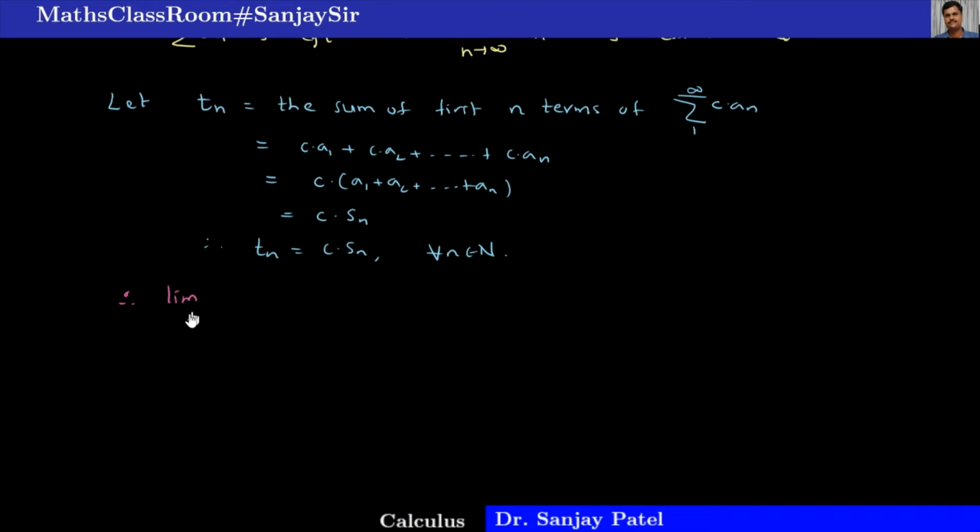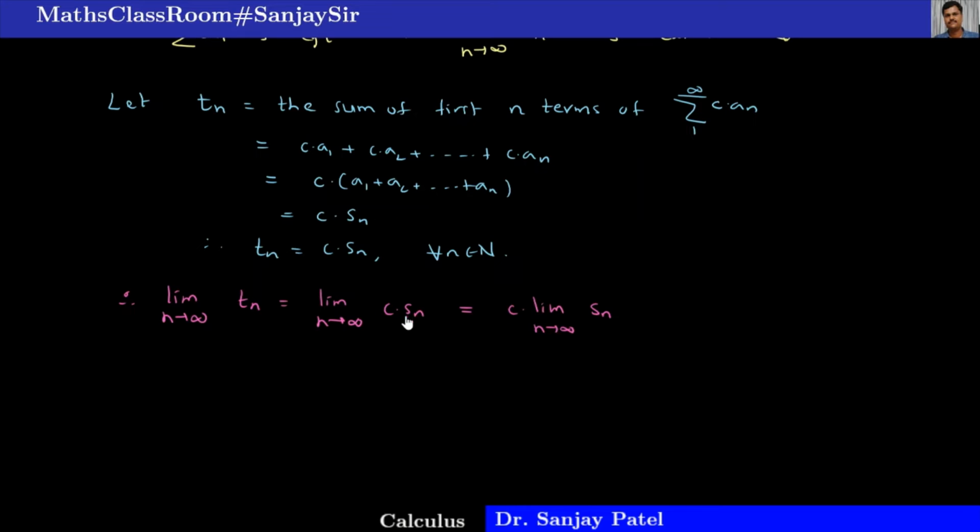Therefore, the limit as n tends to infinity of Tn is equal to the limit as n tends to infinity of C into Sn. This we can write using the working rules because the limit of Sn exists. So this is equal to C times the limit as n tends to infinity of Sn.